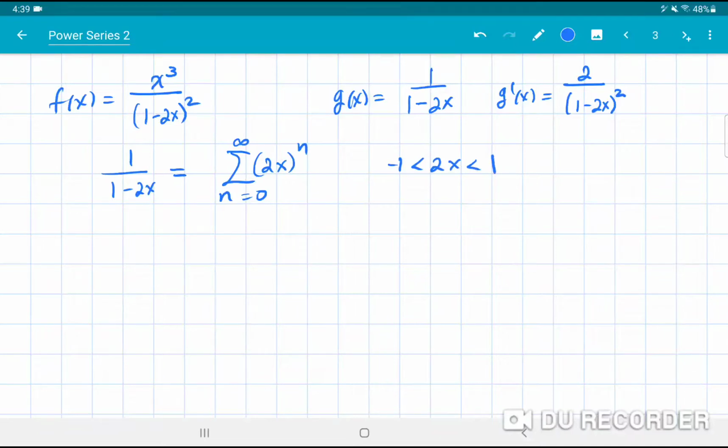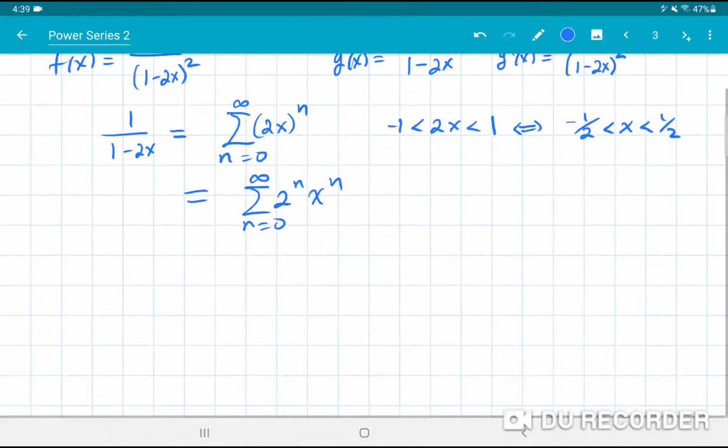We did this in the class before. So this is the same thing as -1/2 less than x less than 1/2. So this is exactly 2 to the power of n, x to the power of n from 0 to infinity.